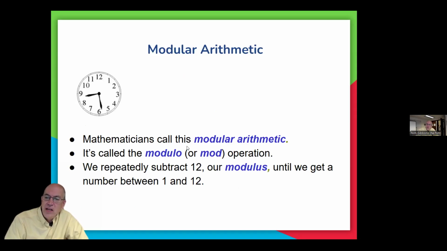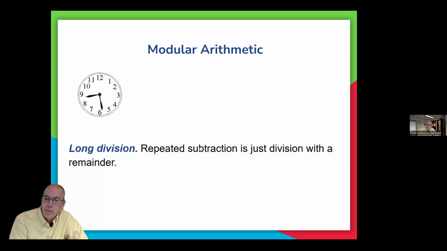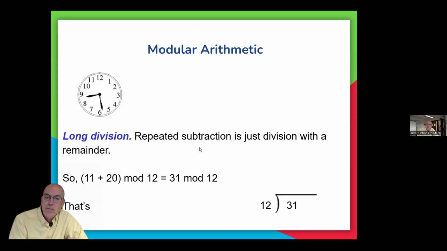Okay, so in math, we talk about mod, or modular arithmetic. Basically, what you do with mod is it gives you the remainder. So if you say 11 plus 20 mod 12, you would take 11 plus 20, which is 31, and then mod 12 would be the remainder.